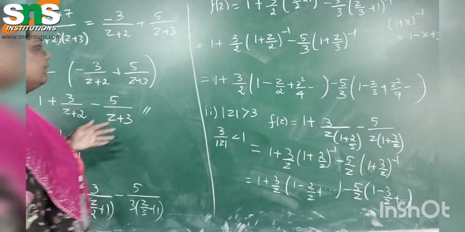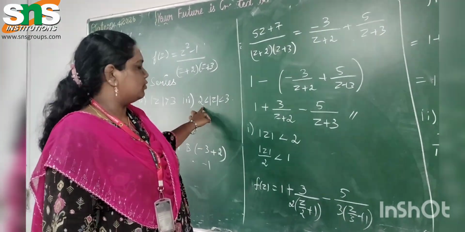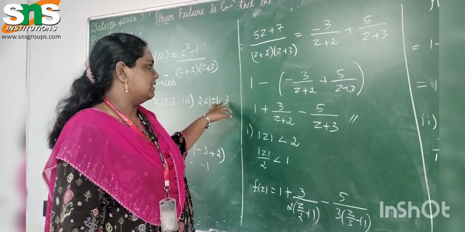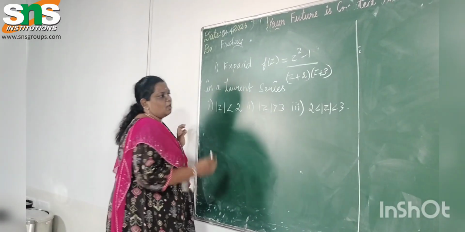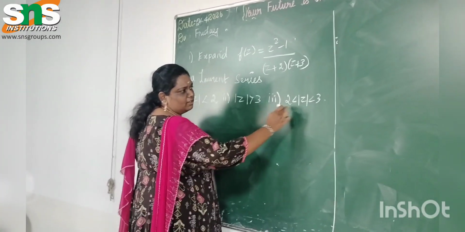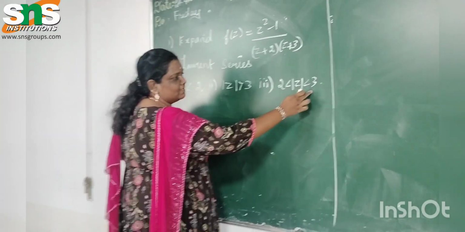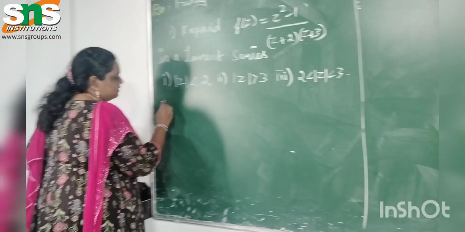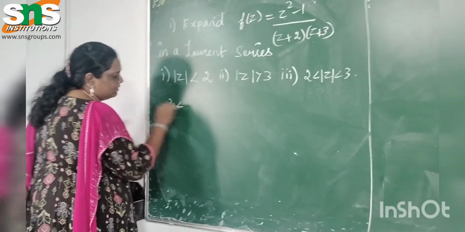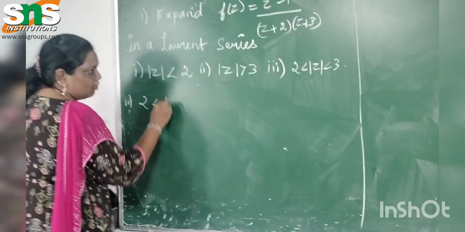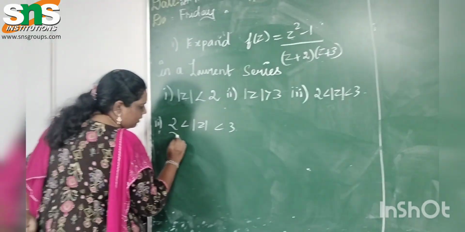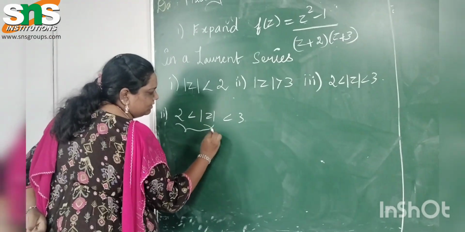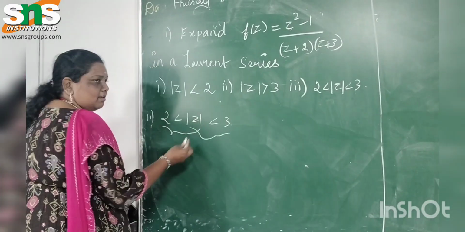So now we are going with the third condition, which is 2 less than modulus of z less than 3. So now we are going to take this term and then this term, combining both the terms.